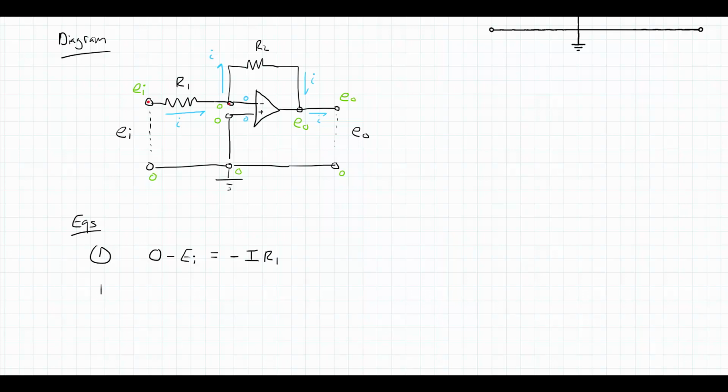Now I can clean this up a little bit. I have this 0 minus Ei, which is going to be negative Ei, but I can drop that negative sign, and I know that Ei equals IR1 is how I can rewrite this first equation here. And if I look at my output and my input, potentially multiple outputs, in this equation my one output is I, and I have an input which is Ei.